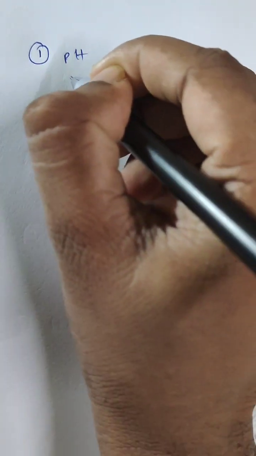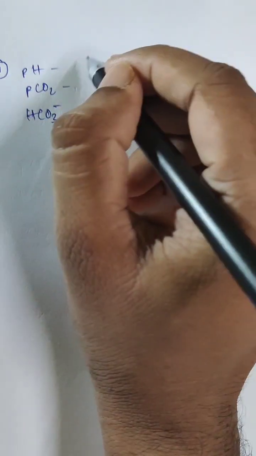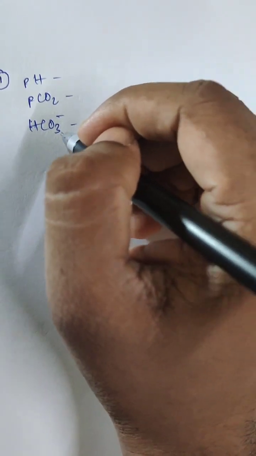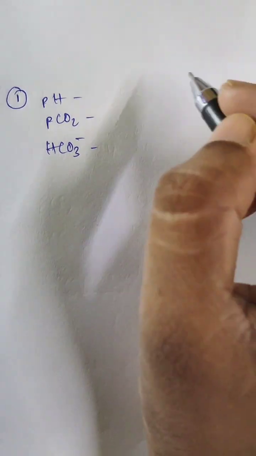Very first of all, we have to know normal values of three things: normal value of pH, normal value of carbon dioxide, and normal value of HCO3 minus or bicarbonate. For the sake of ABG interpretation, we have to take these values as a single normal value, though these parameters are always expressed in a range in our body.